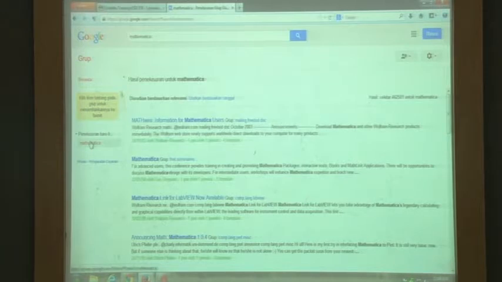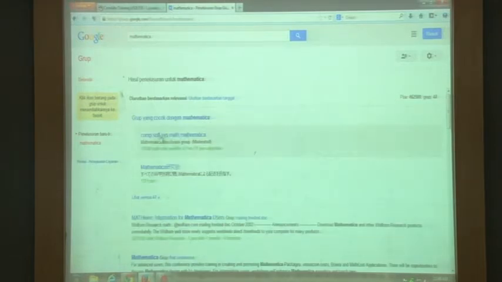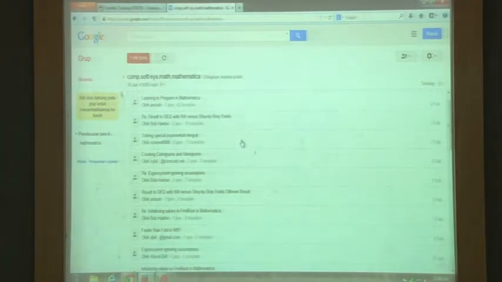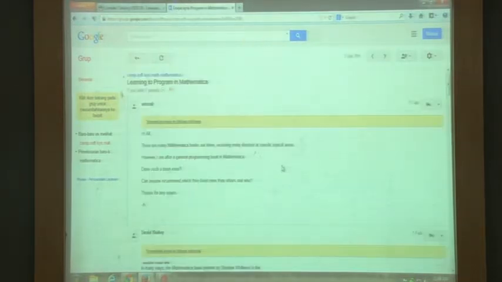And one of the groups should be the Mathematica group, alright? So this is the group, and here you've got learning to program in Mathematica, for example. There you go. So maybe you guys may be interested in this.